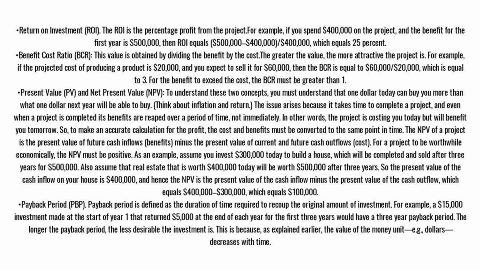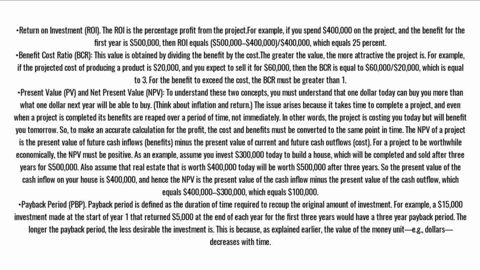So, to make an accurate calculation for the profit, the cost and benefits must be converted to the same point in time. The NPV of a project is the present value of future cash inflows, benefits, minus the present value of current and future cash outflows, cost. For a project to be worthwhile economically, the NPV must be positive. As an example, assume you invest $300,000 today to build a house, which will be completed and sold after 3 years for $500,000.